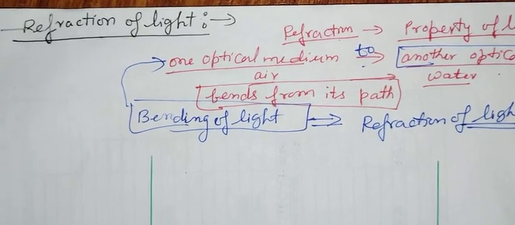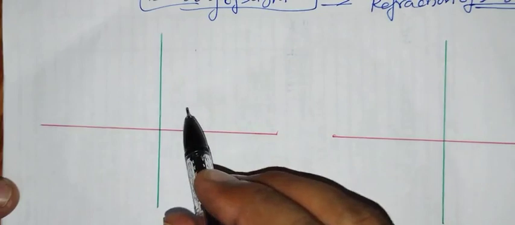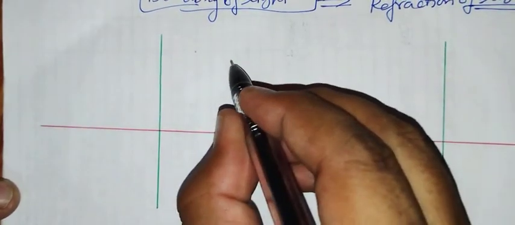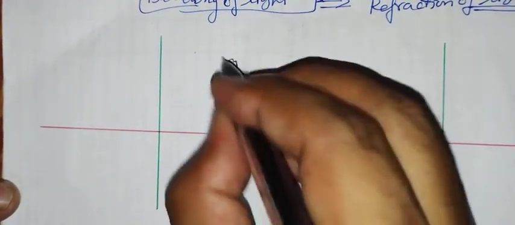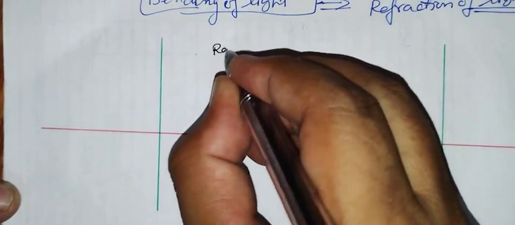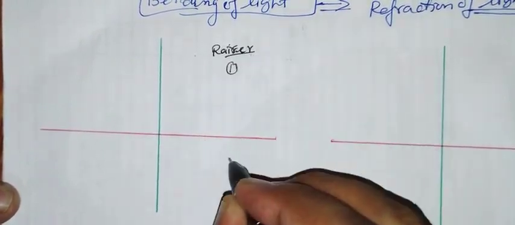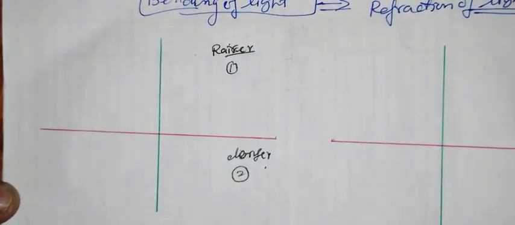Let this green line and red line be here. The red line divides two optical media, 1 and 2. Let this be the rarer medium and this the denser medium.